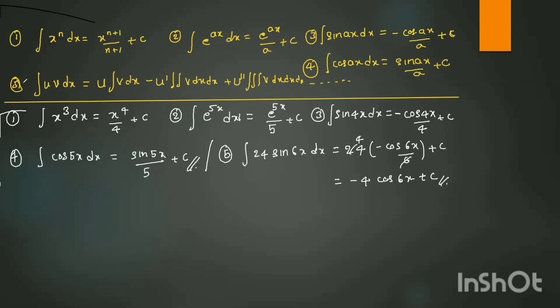I will give you the example. Before that, you can write the answer for this. Integration of 100 e to the power 50x dx. Okay, all of you write the answer for this. Direct answer I want. What is the answer?